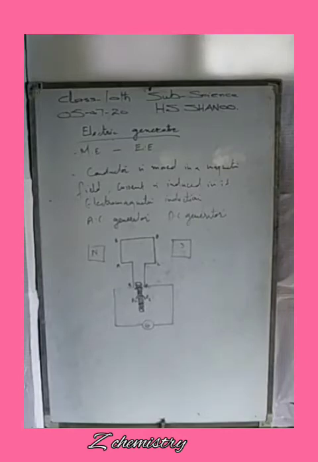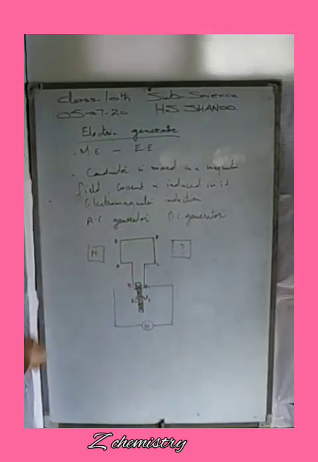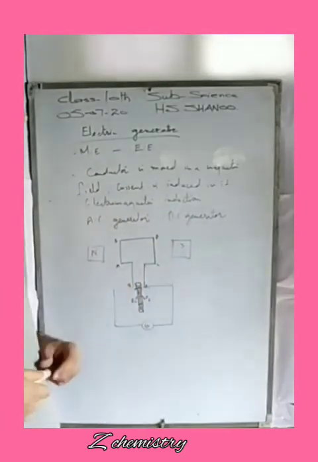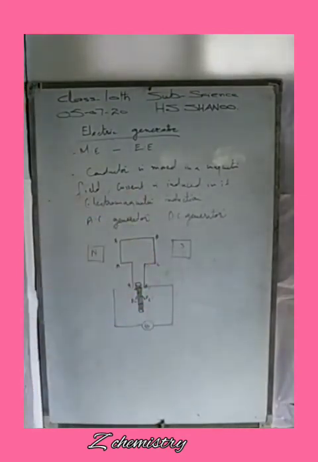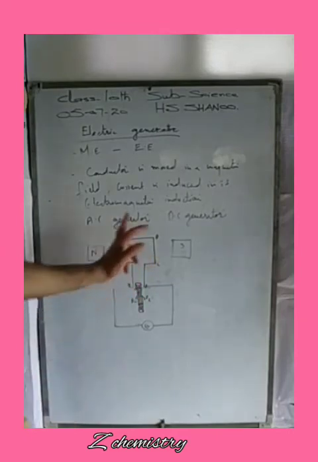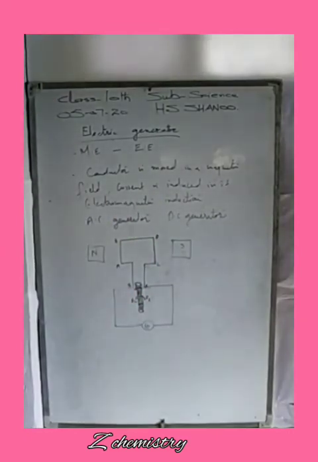After half a rotation, arm CD moves up and AB moves down. When the axle moves, this goes up, this goes down, and current gets induced in it. When the axle moves again, CD goes up, AB goes downwards. In this way, it rotates.